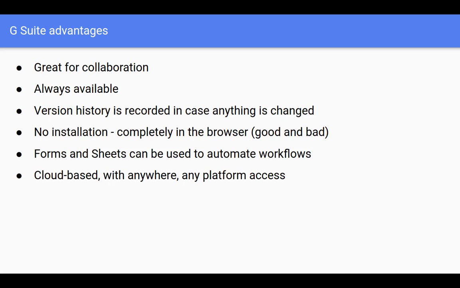Forms and Sheets. This is something which I'm going to talk about in a later tutorial, but Forms and Sheets can be used to automate workflows. You can have a Google form where people fill in information, and then based on that, you can script things in Sheets to automate a lot of stuff.